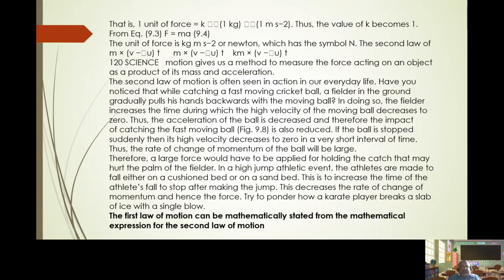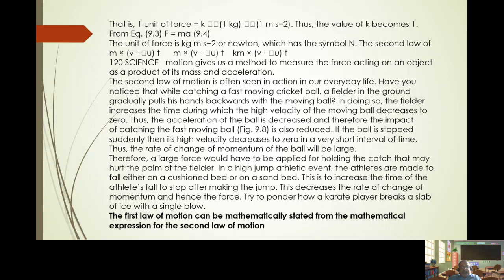Have we noticed that while catching a fast moving ball, a fielder in the ground gradually pulls his hand backwards with the moving ball? In doing so, the fielder increases the time during which the high velocity of the ball decreases to zero. Thus, the acceleration of the ball is decreased and therefore the impact of catching the fast ball is also reduced.